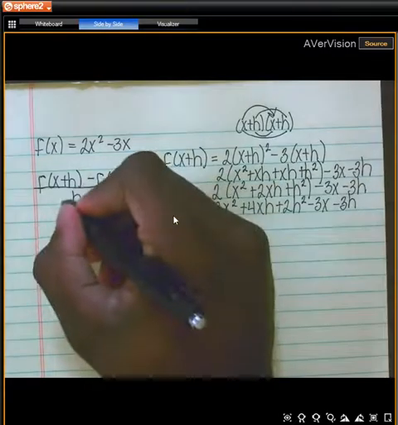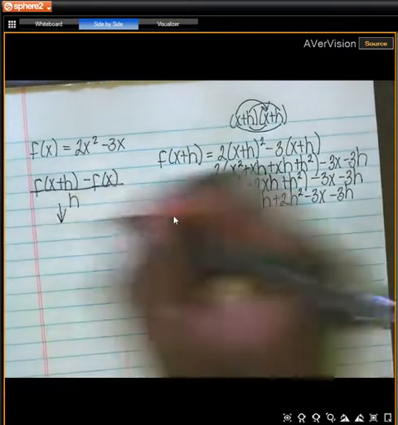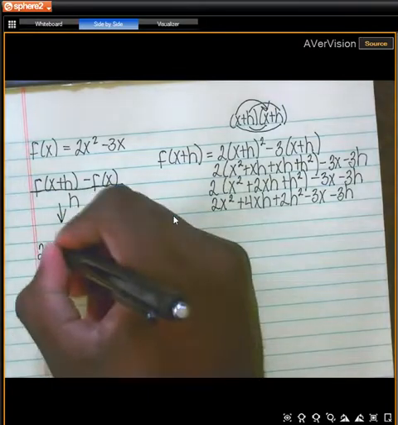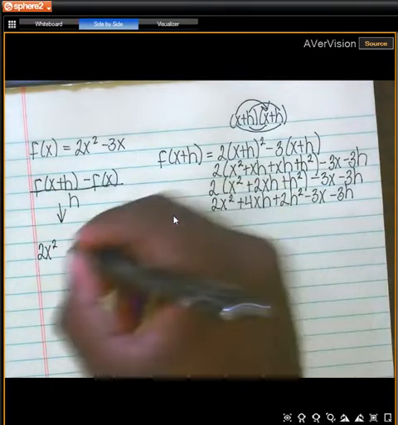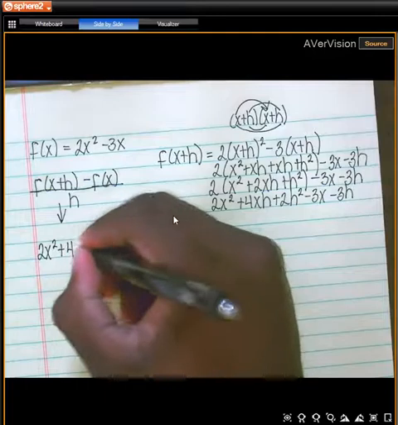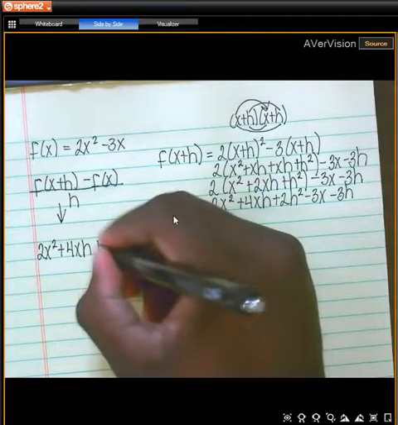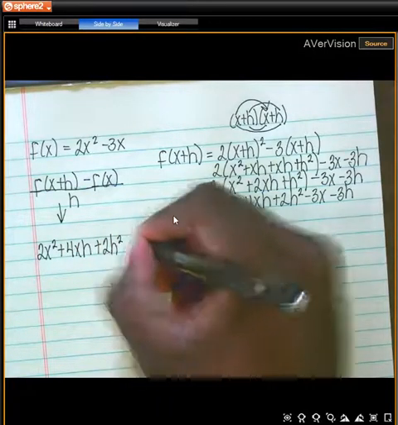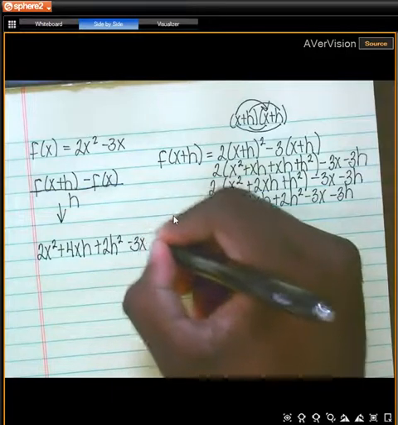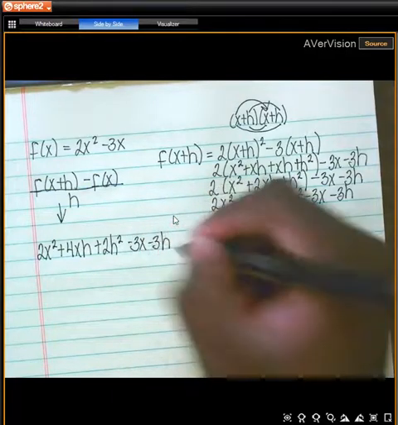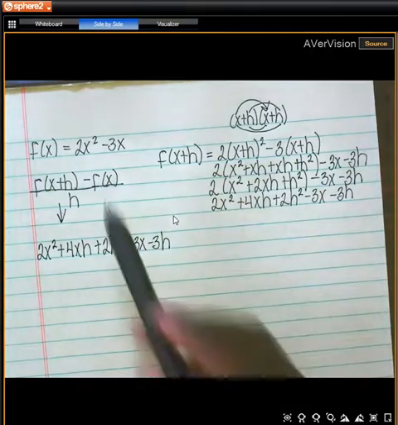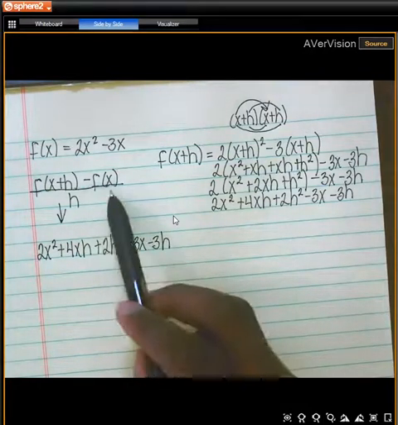Now let's go back to our problem. What is negative f of x?